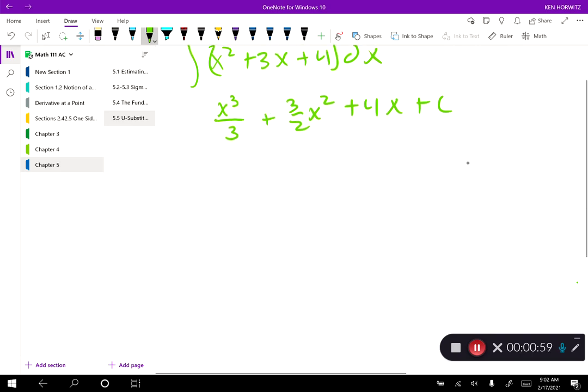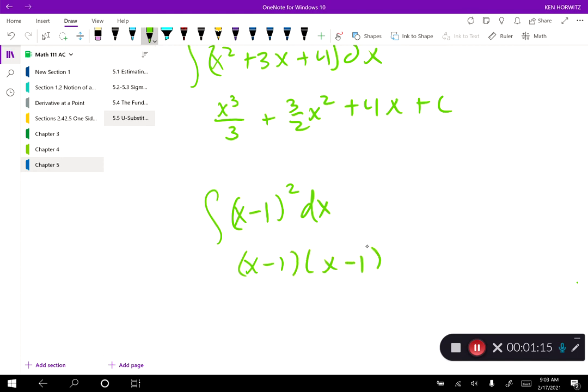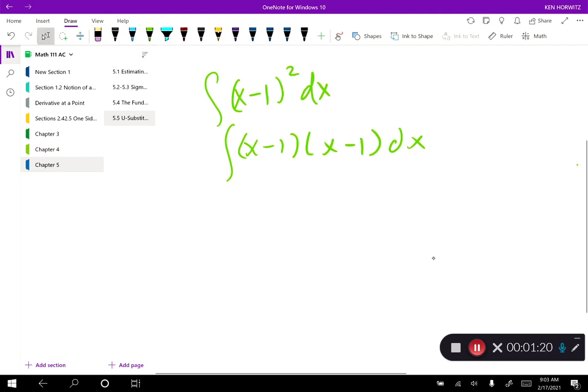However, if we had something like the integral of (x minus 1) squared dx, we would then need to multiply this out, x minus 1 times x minus 1, right? And then x squared minus 2x plus 1 dx, something similar to this, and then we could do our power rule.